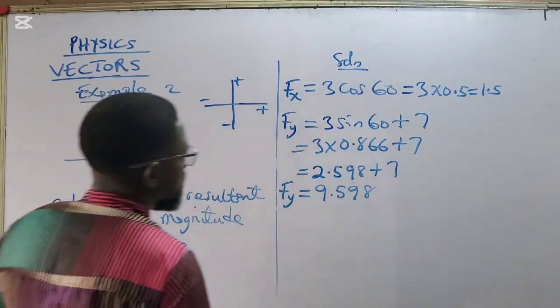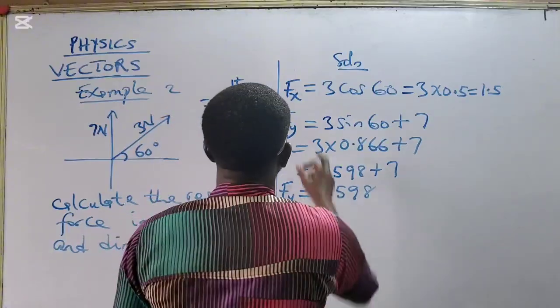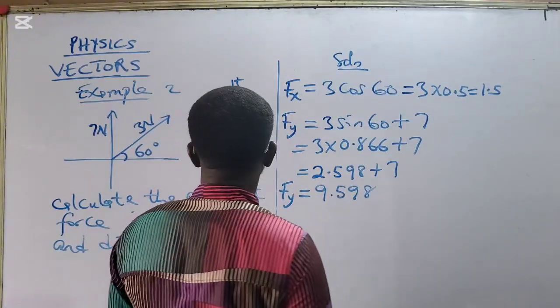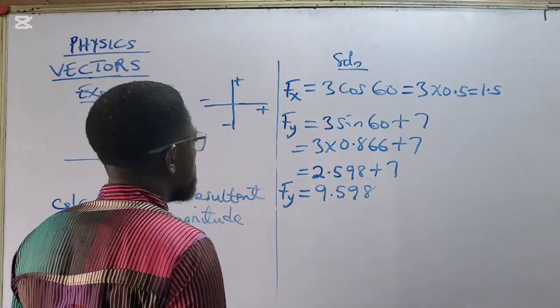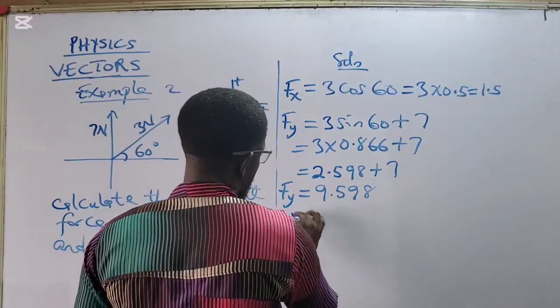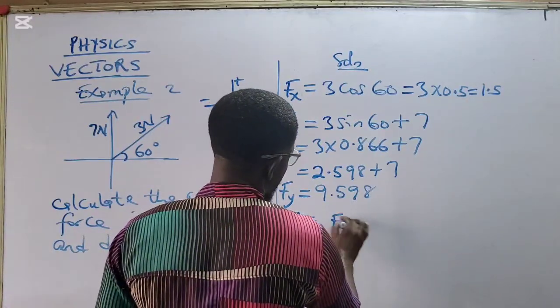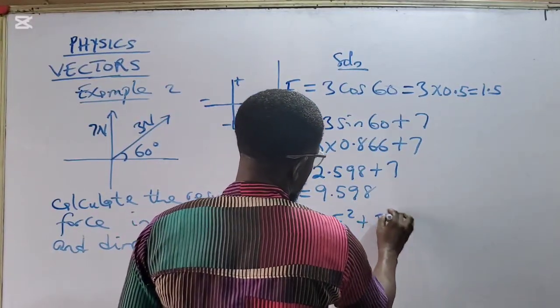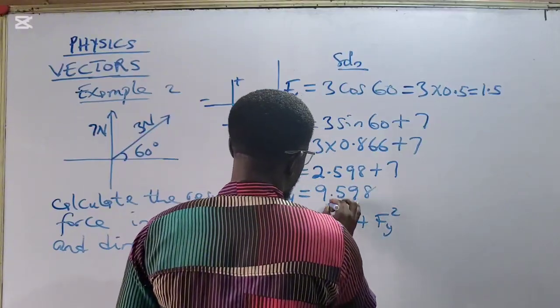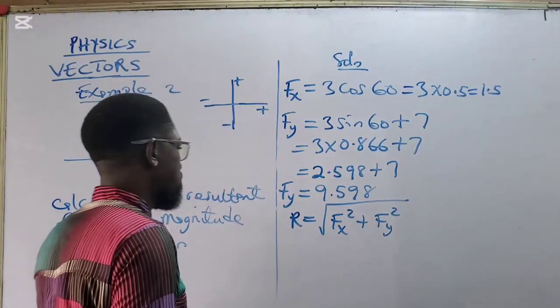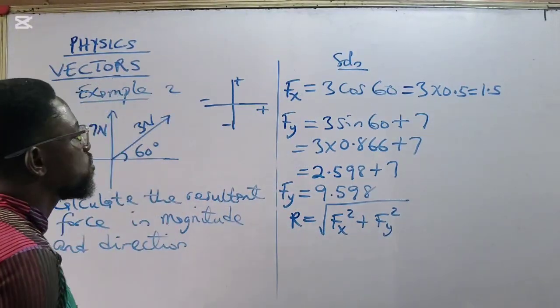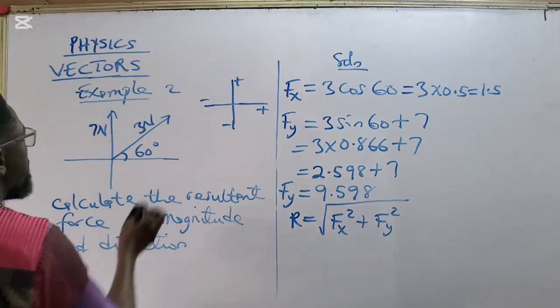So the next thing we'll do is to get the resultant. The resultant will be the square root of Fx squared plus Fy squared.